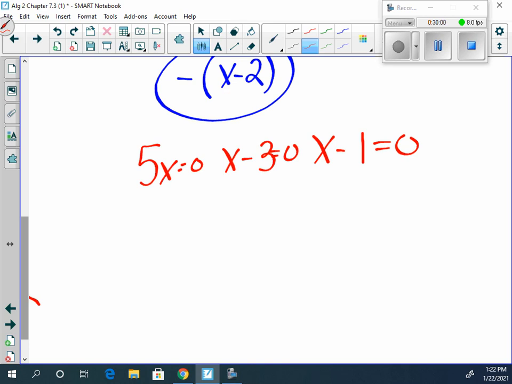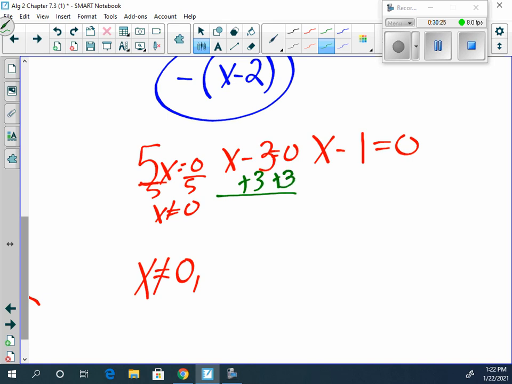Now we can set them equal to 0 and solve. Well, 5x equals 0. Well, we would divide both sides by 5. And it'll tell us what? That x is equal to 0. So x cannot be 0. For x minus 3, we would do what? Add 3 to both sides.